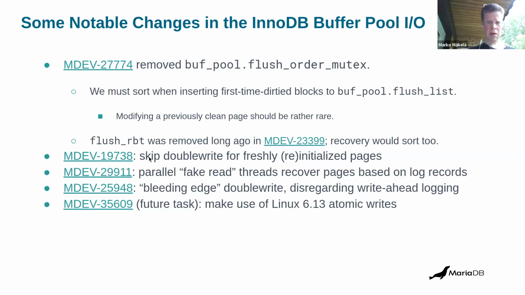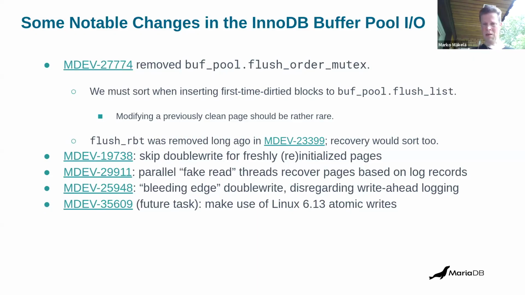We also skipped the double write for pages that were reinitialized since the latest checkpoint. I don't remember, was it 10.5 or 10.6 where we got this one. In 10.6, we got more concurrent crash recovery. So we also have fake read operations. We are using multiple threads to recover pages that can be recovered based on log records only.